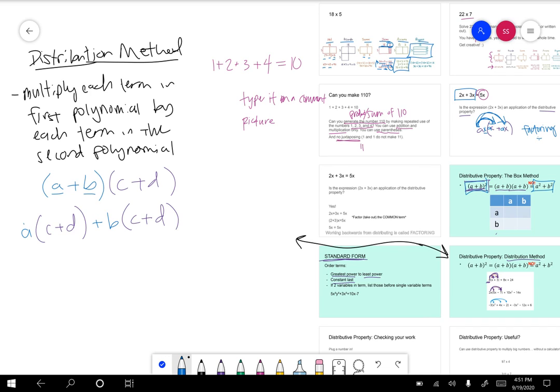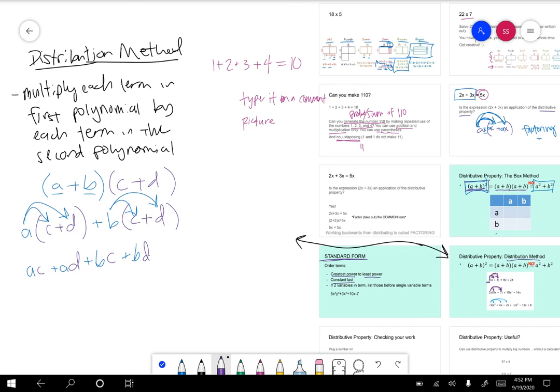So we're taking that A, multiplying it by both things inside, and then the B by both things inside. So we have A times C, which would be AC. And then we have a positive AD, A times D. Then we have B times C, and they're both positive, so positive BC. And then B times D, they're both positive, so it would be plus BD.